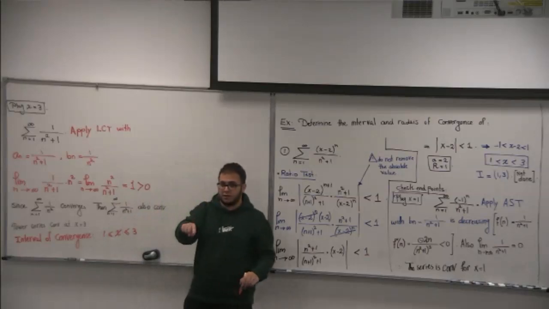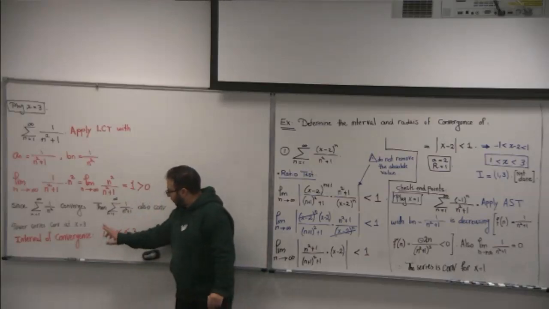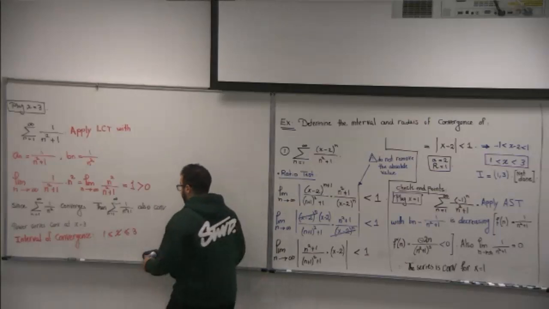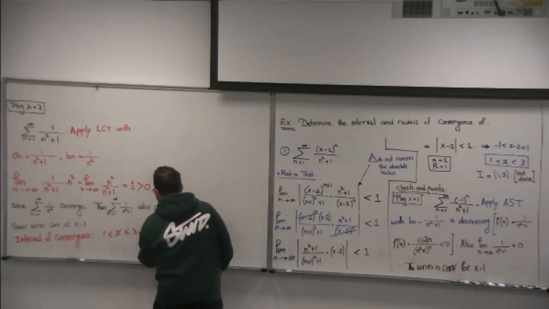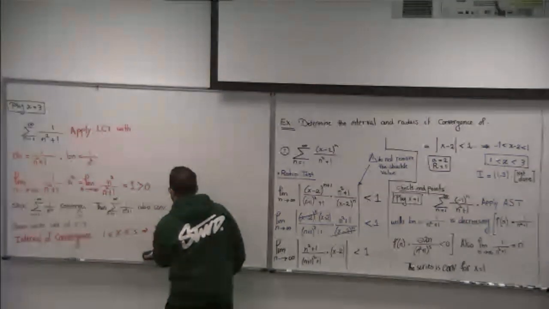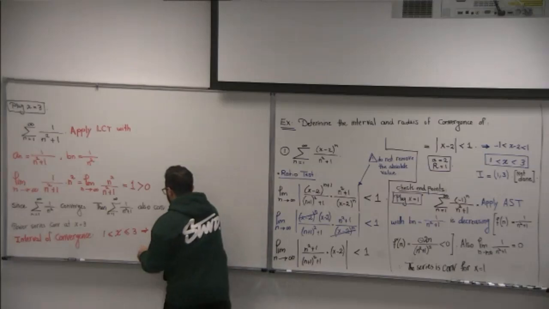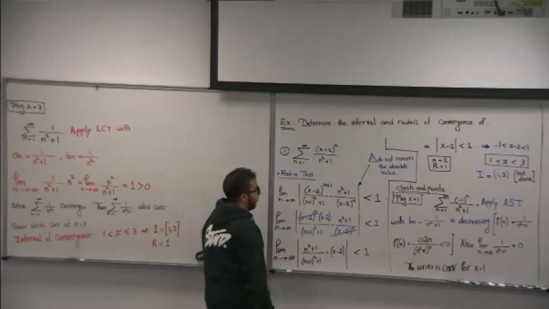So I'm allowed to put equality. If they diverge at 1 or diverge at 3, you don't put equality. Or you can say the interval is the closed interval from 1 to 3, and R is equal to 1. Okay? This is what they need.